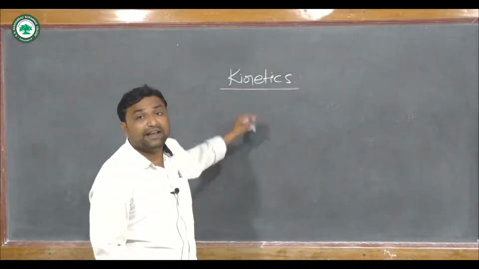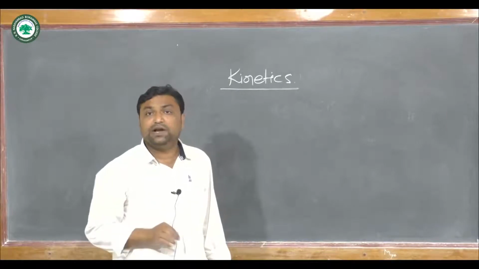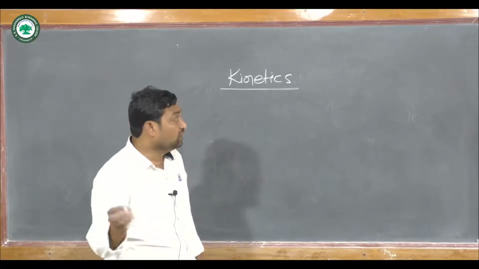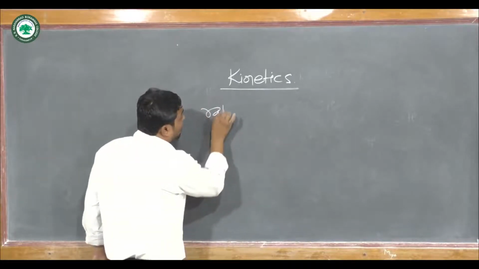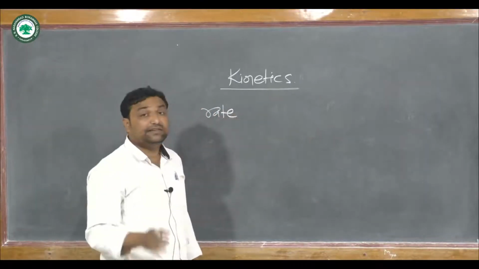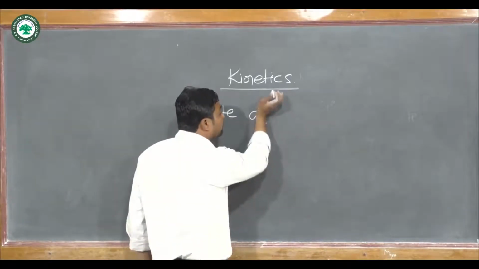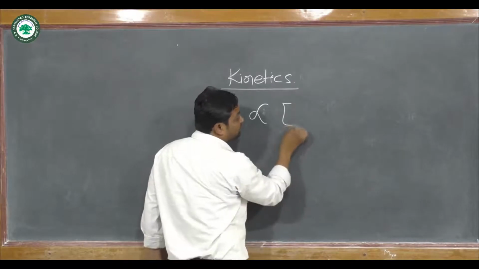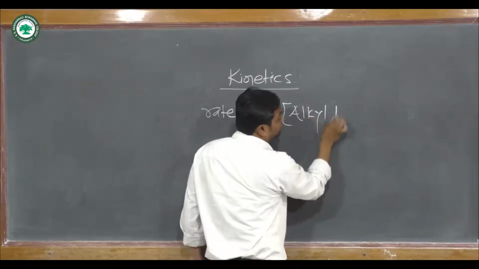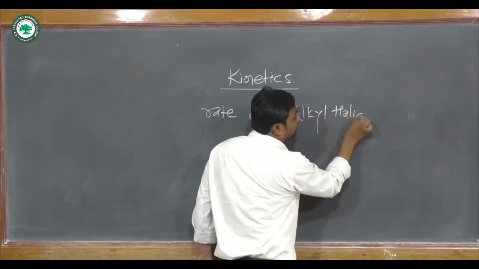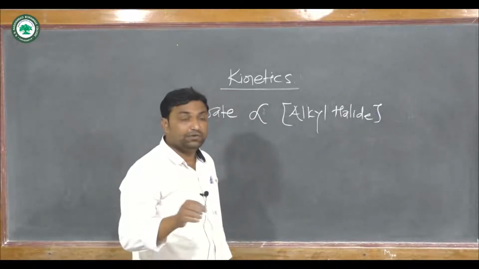In the kinetics, we determine the rate of that particular reaction. We know that the rate of the SN2 reaction is directly proportional to the concentration of alkyl halide as well as the concentration of nucleophile.